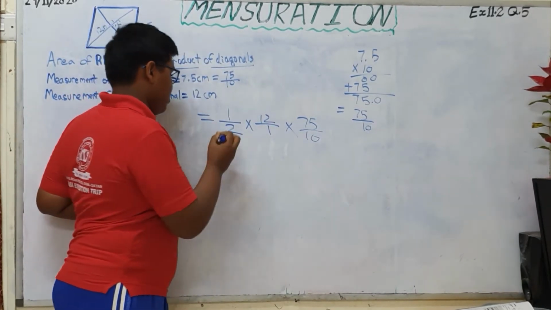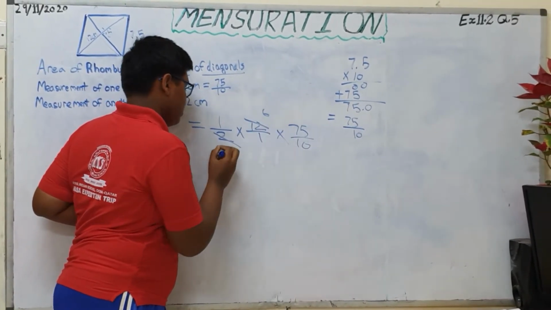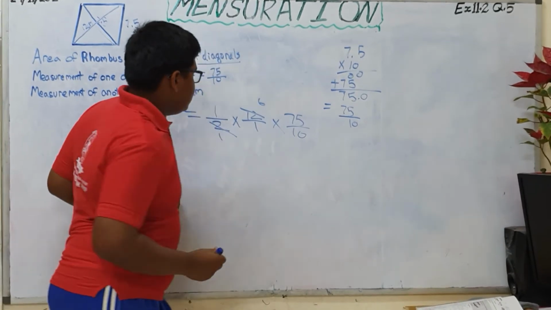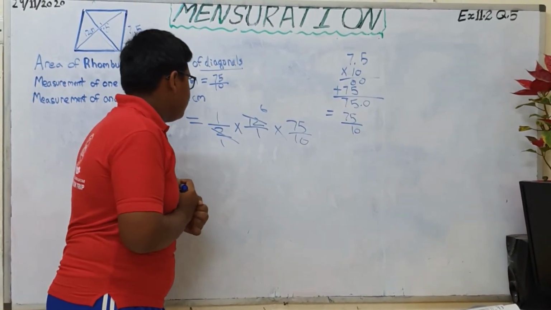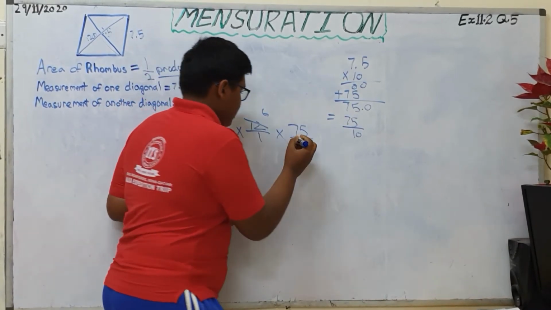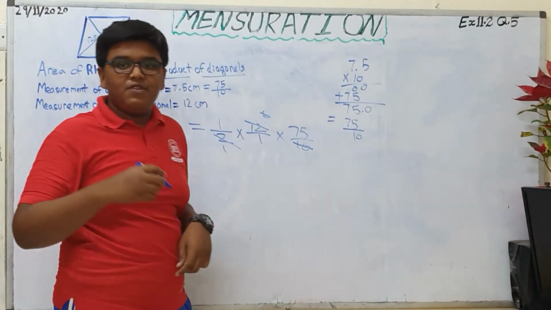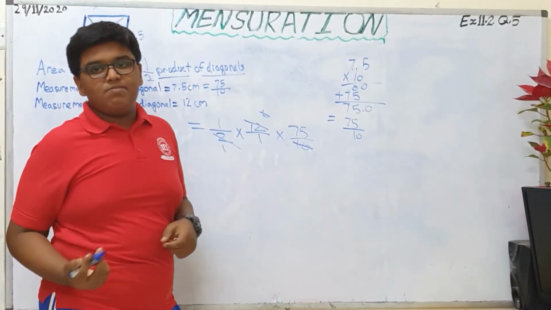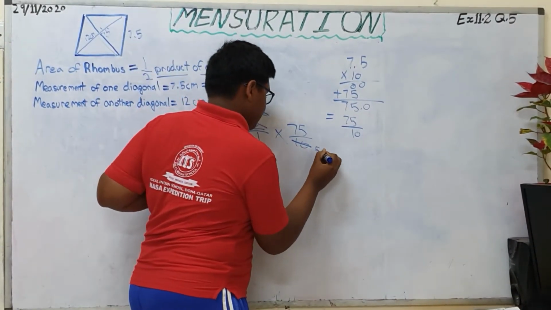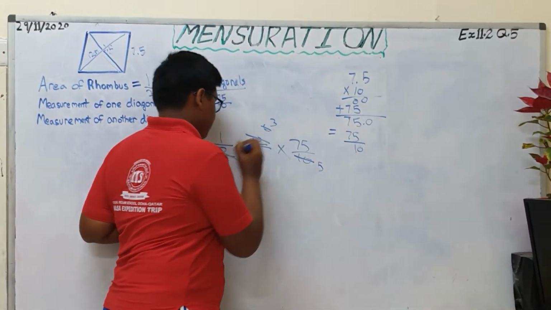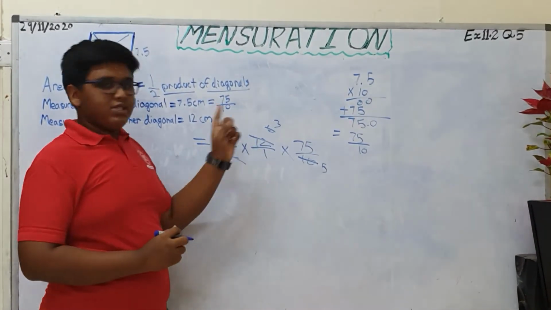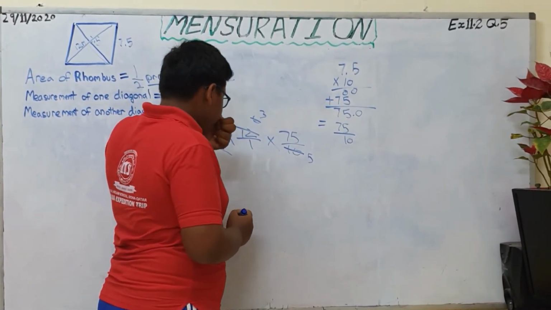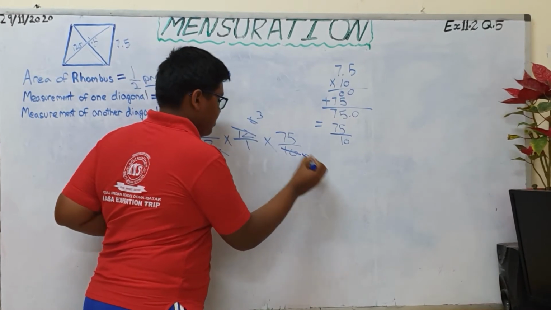Now let's solve this. We will divide 10 and 6 both by 2, because both are divisible by 2. This will be 5 and this will be 3, because 2 threes are 6 and 2 fives are 10.